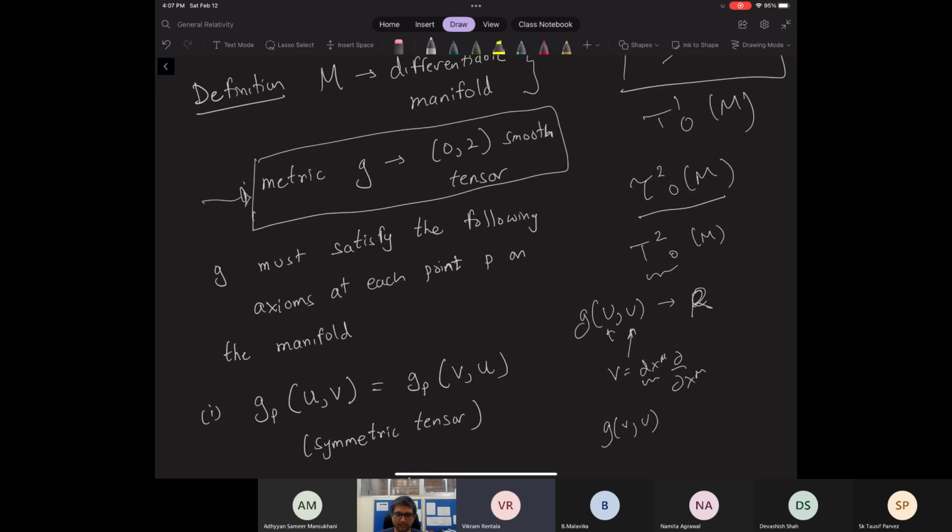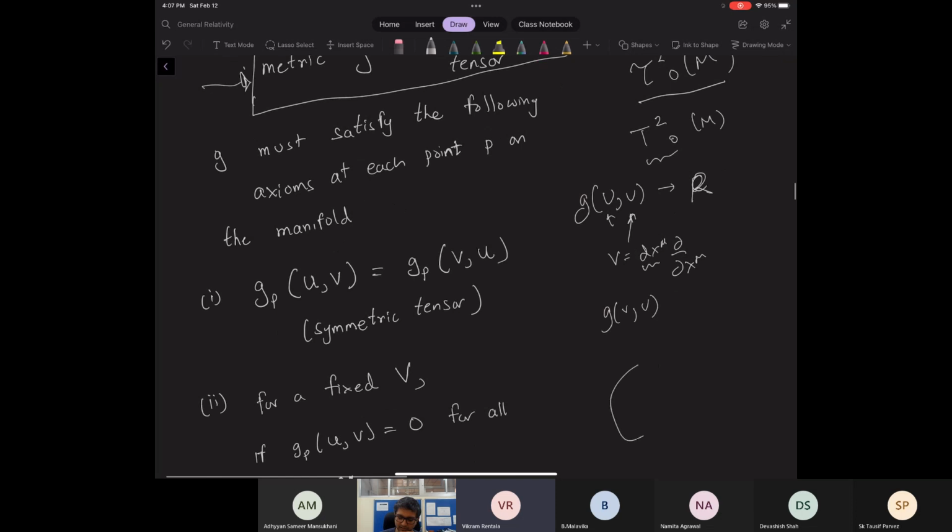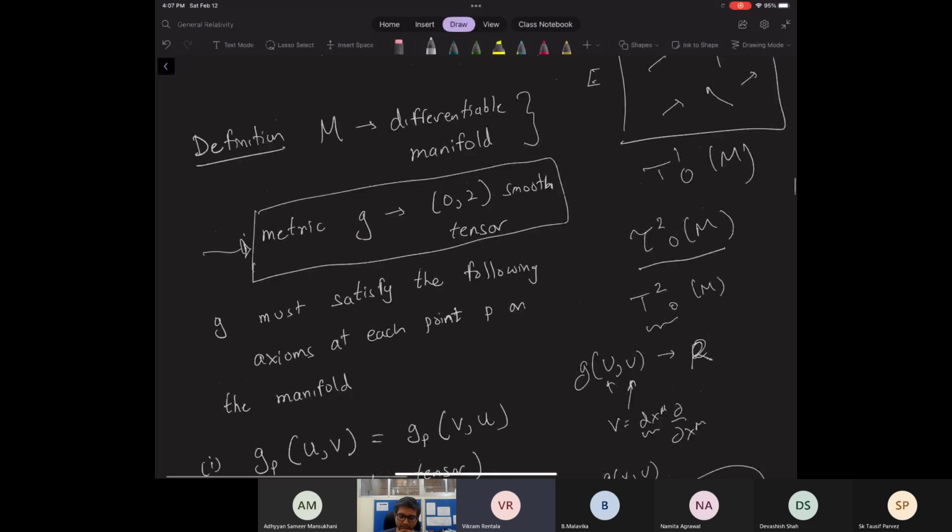Okay, so that's the idea that we're going to pursue today. And so once you have distances between infinitesimally nearby points, you can get distances on a curve, by taking infinitesimal distances between points. Okay, so this will allow us to define distances on the manifold, on a general manifold.